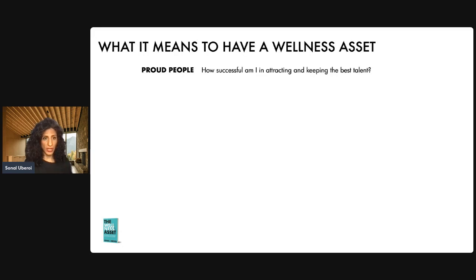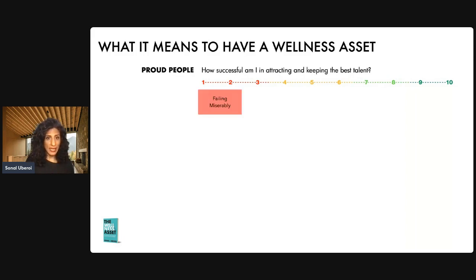And most hoteliers, when they find themselves in these situations, ask themselves the question, how successful am I in attracting and keeping the best talent? And if we look at this scale from 1 to 10, we can see that those in liability report that they're failing miserably at attracting and retaining staff.